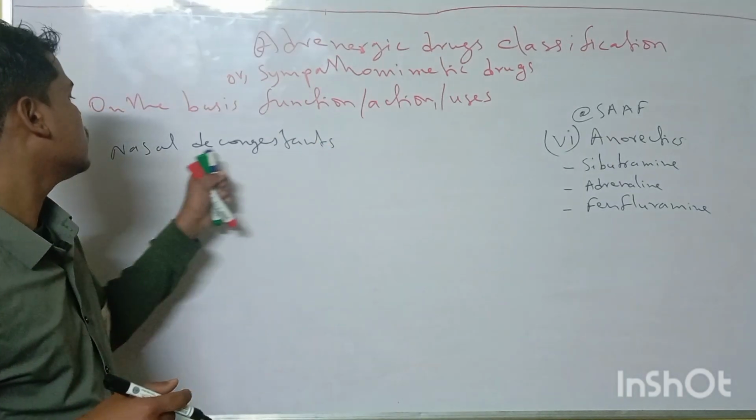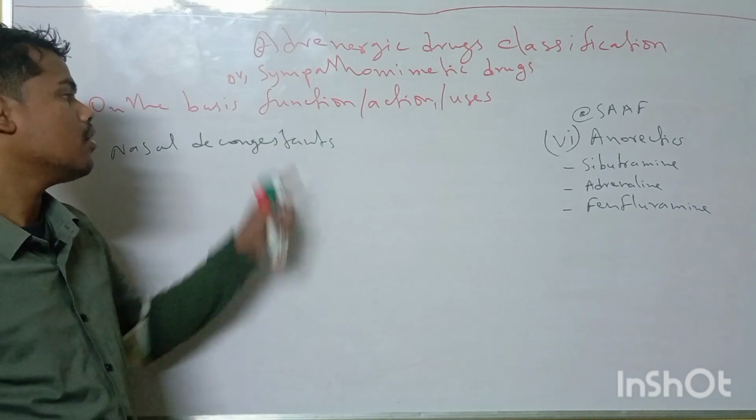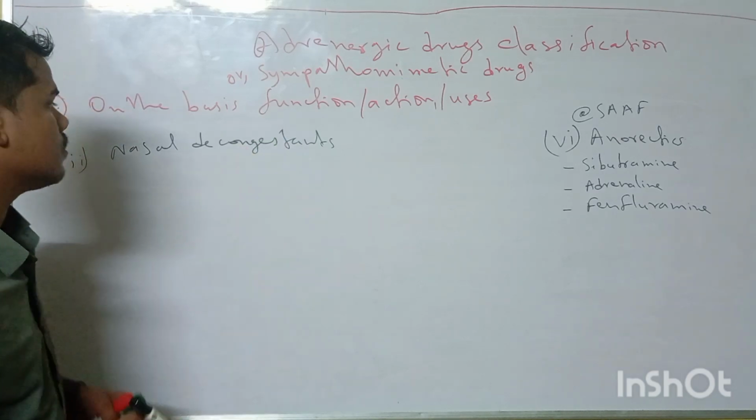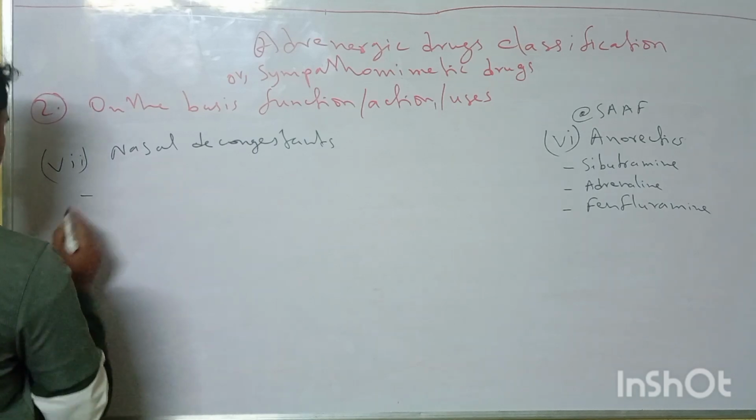So these drugs will reduce the inflammation in the upper respiratory tract. So then what will be the examples?